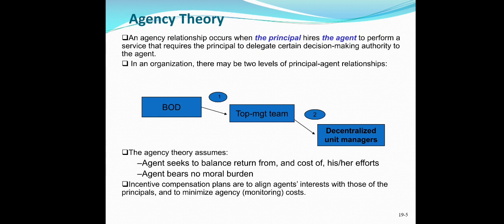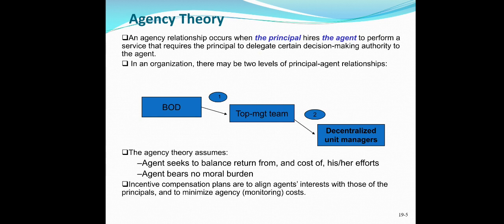Okay, so see here, in the first principal-agent relationship, the board of directors is the owner of the company and the top management team is the agent. The board of directors wants the manager to do things their way.